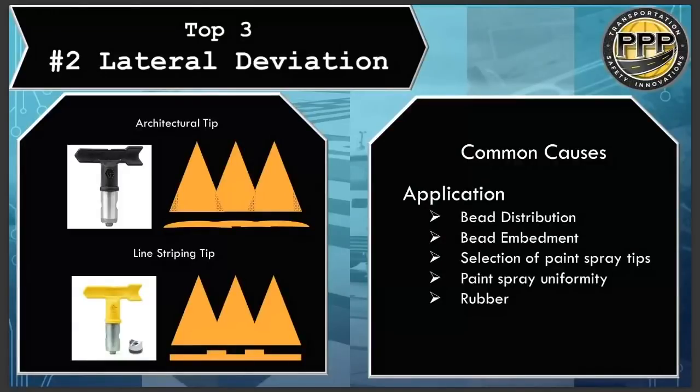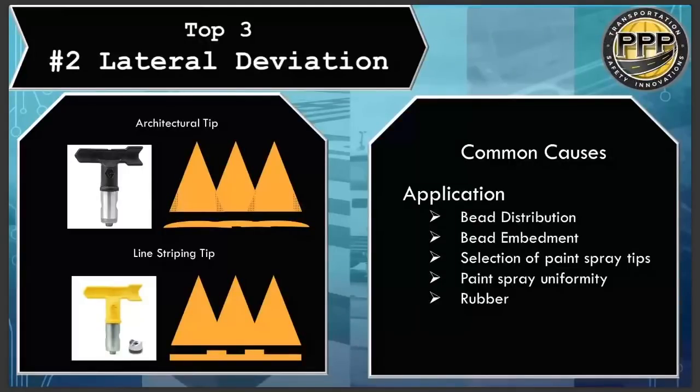When you overlap a line striping tip, you're going to have a thick edge created. So if you're doing stencils on the roadway, for instance, we should switch over to the architectural, or in Graco's style, a black tip rather than a yellow tip, so that we can do that overlapping without having these lines across our stencils. So 50% overlap is what you're looking for.